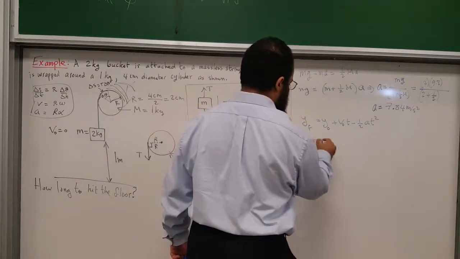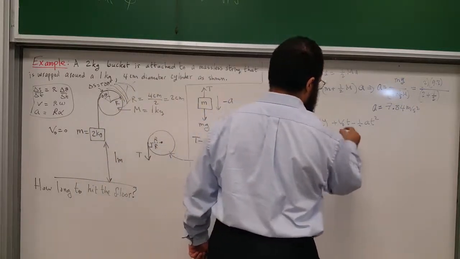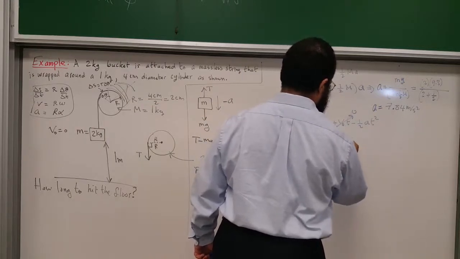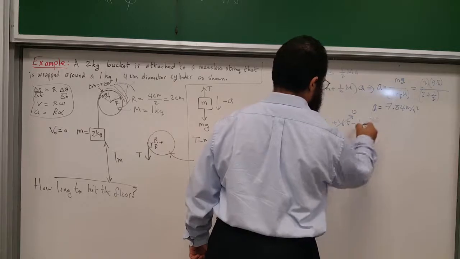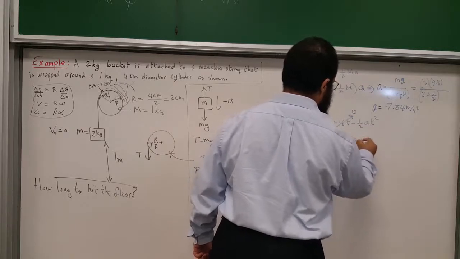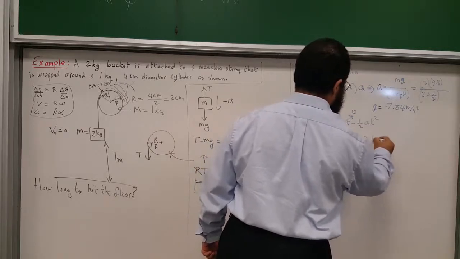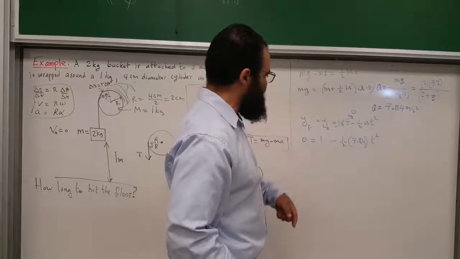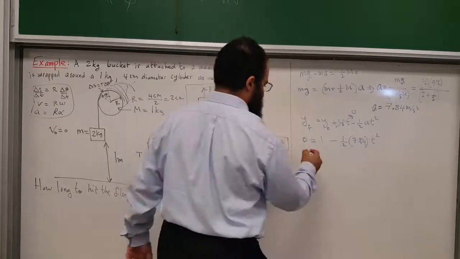Y final is 0, y initial is 1 meter, v initial is 0, so this is a 0, and then minus 1/2 of 7.84 t squared. You move the 1 to the other side, it becomes negative. Both sides are negative, and so you solve for t. It's positive.